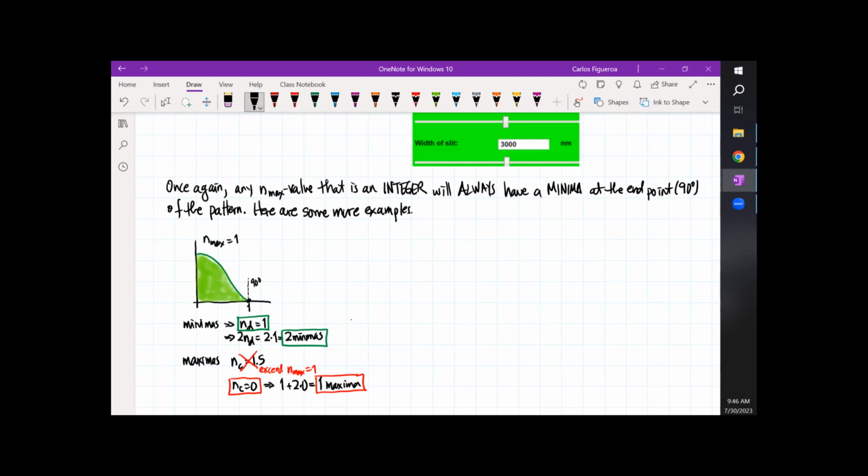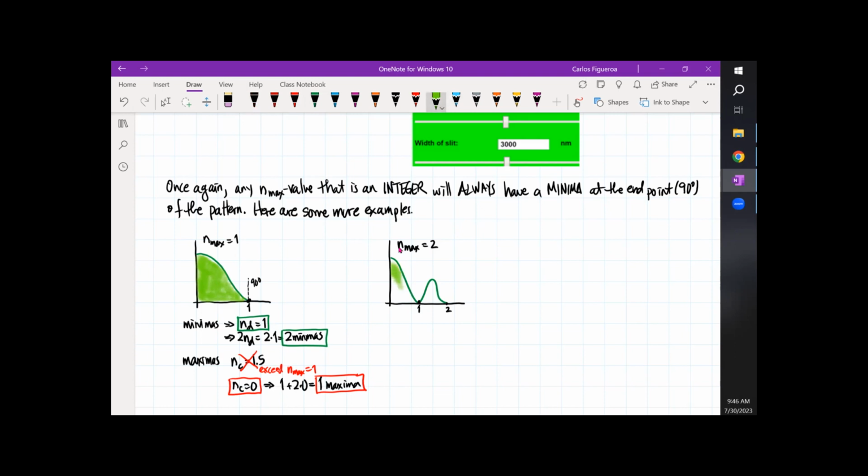I can continue on. So let's say I have a pattern that looks something like this now. And what I'll choose here is Nmax equal to 2. I know that because that's an integer, it's going to end there. So now if I go and plot this, I see that this is 1 and this is 2 here.